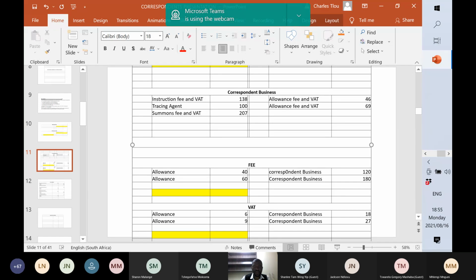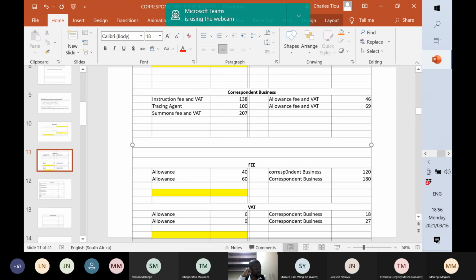That is 9 rands. And that is how you record that fee there of 180. You also calculated your allowance fee, and therefore everything has been recorded on that journal, and you also posted it to your ledgers accordingly. Now, as soon as you have done that, we can move to number 4.